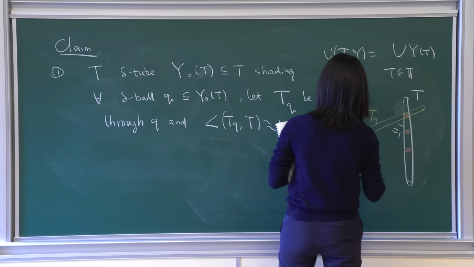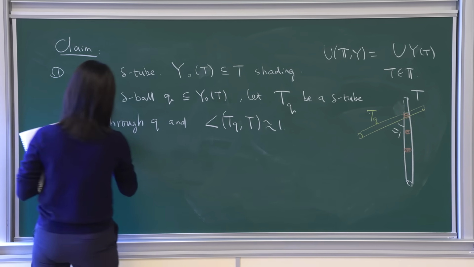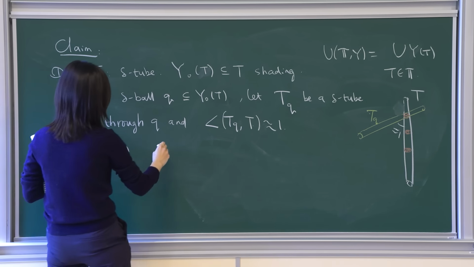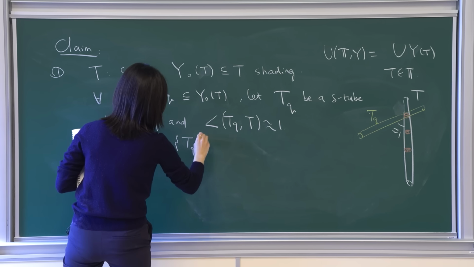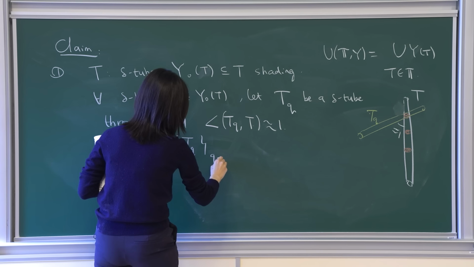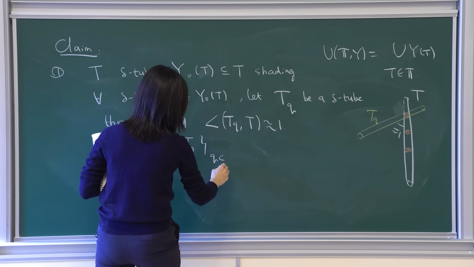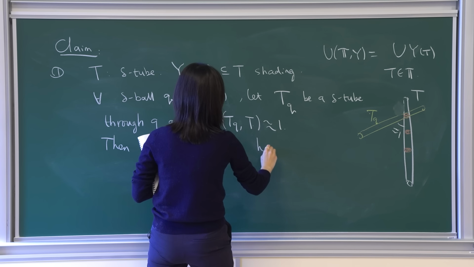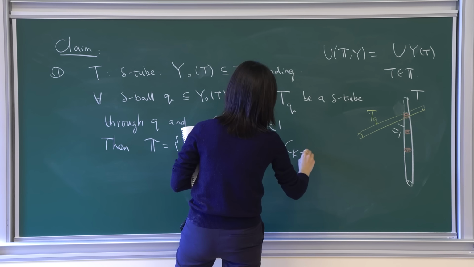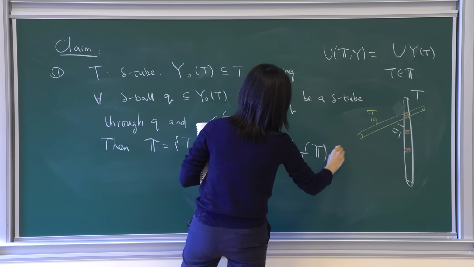The angle is roughly 1. Then the set of tubes T_Q for Q in Y_T has the Katz-Tao constant bounded by 1.